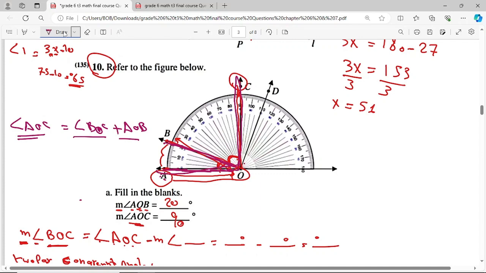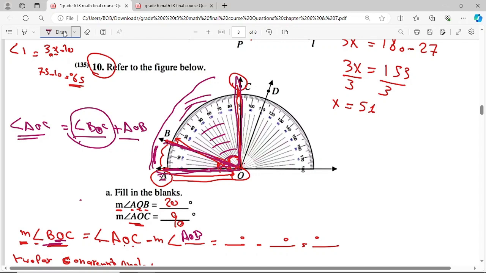So when I ask for angle BOC, this angle, okay, that means this angle equals the bigger angle minus the small angle. So I get this angle, okay? Now AOC will equal AOC minus AOB. AOB or POA, same, okay?